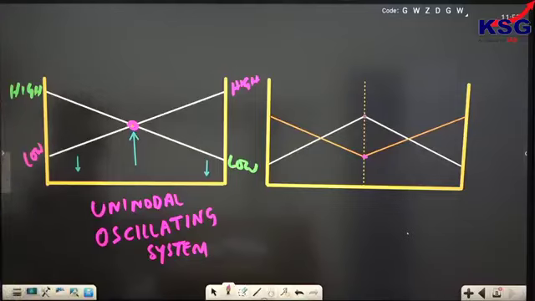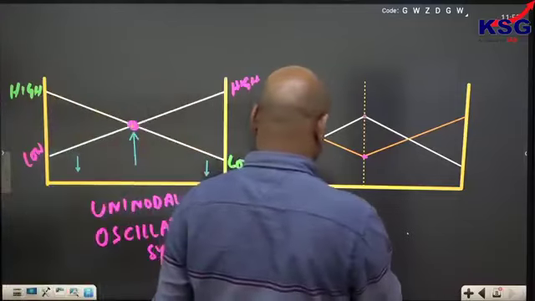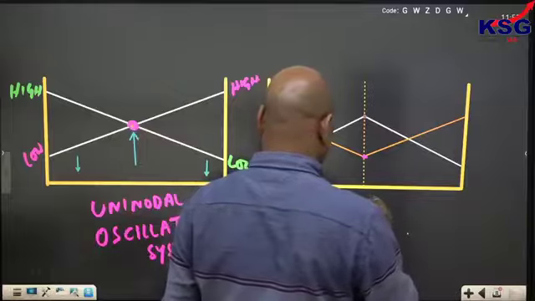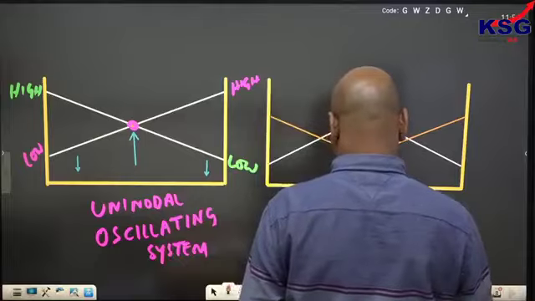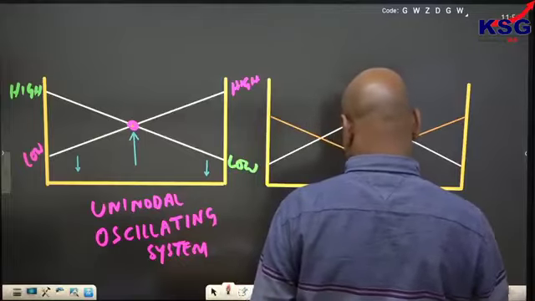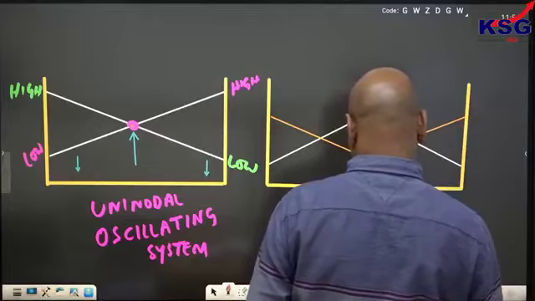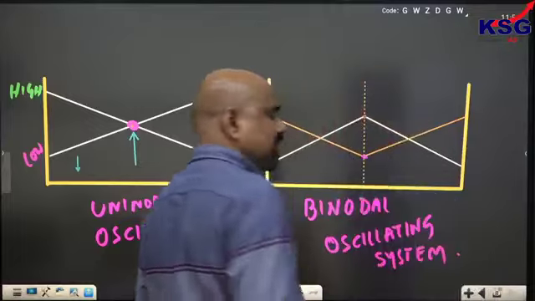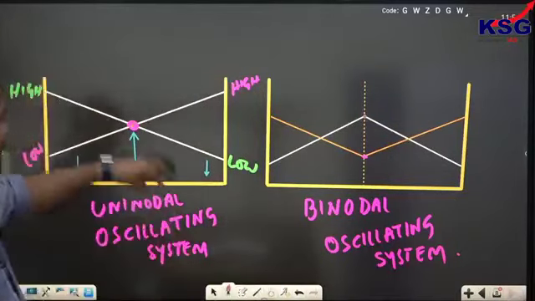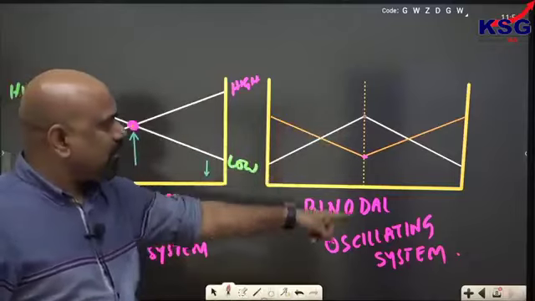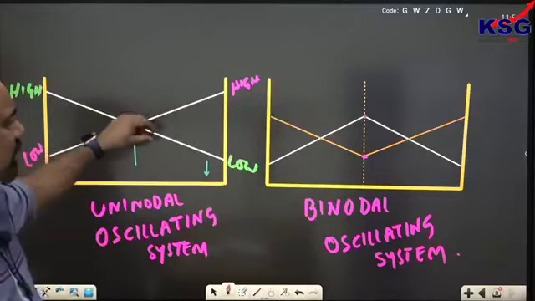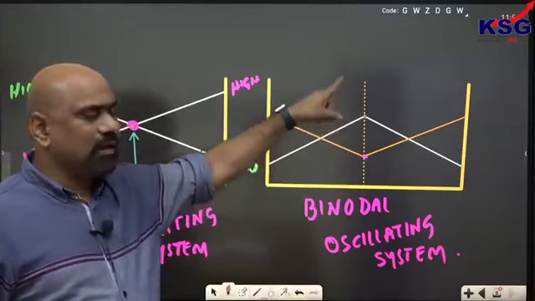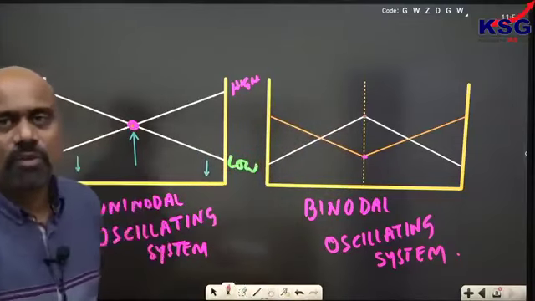Binodal. आप इतना याद रखिए कि यहाँ पे अगर चेंज होता है देखो ऊपर नीचे, यहाँ पे केवल ये देख रहे हैं ऊपर नीचे, this is one uninodal, ऊपर और नीचे binodal oscillatory system.